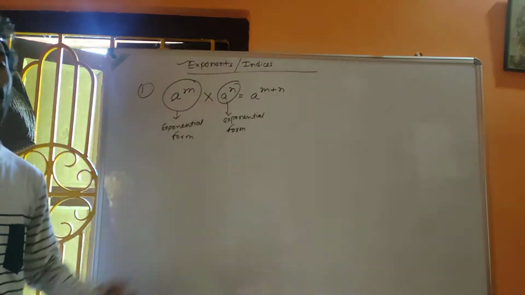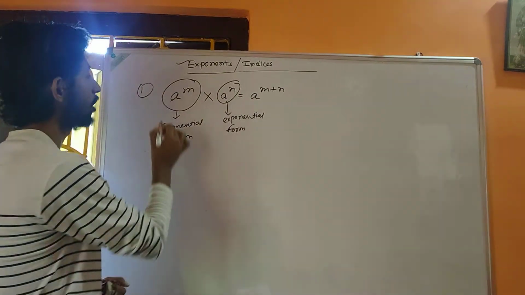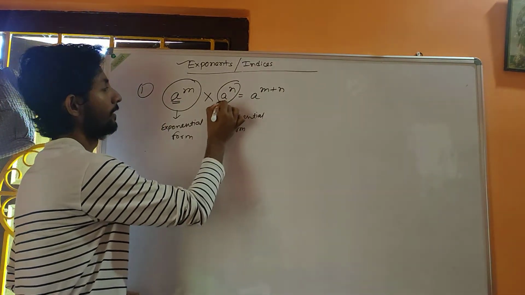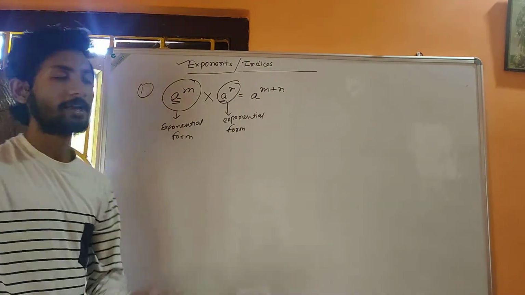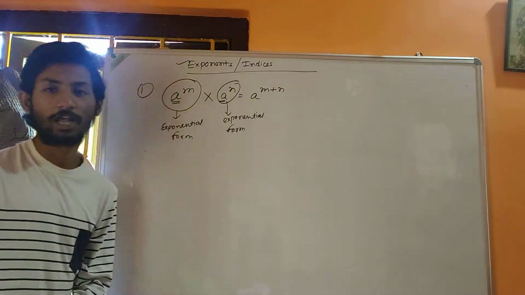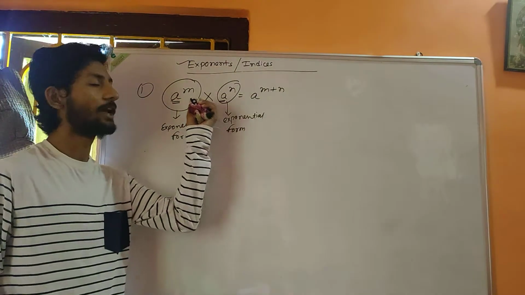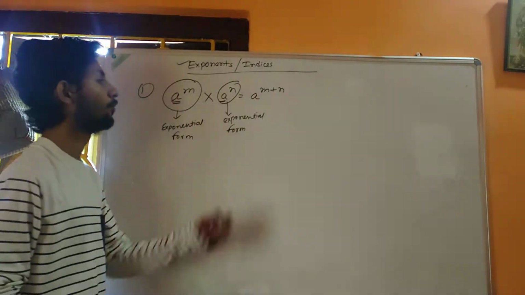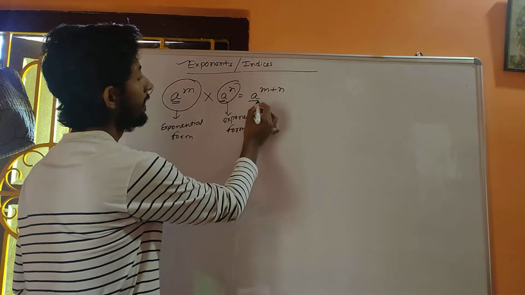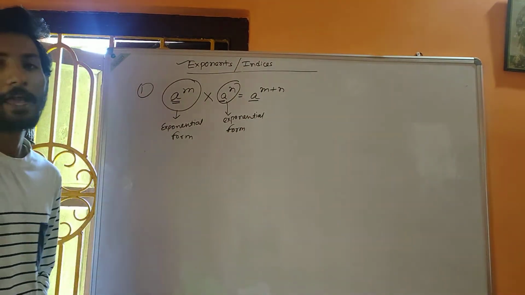So in both exponential forms, what is common here? The base is common. If the base is the same in both and there is multiplication between them, then we can write it as a to the power m plus n.